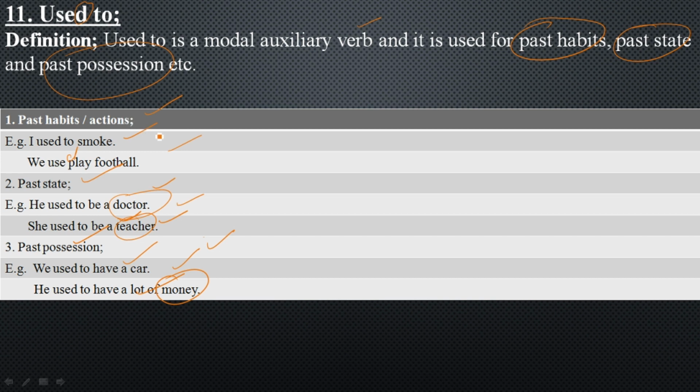So these are the usages of the modal auxiliary verb. I told you modal auxiliary verbs are studied in two categories, primary and secondary. Here we have got the primary level where we have the usages: it is used for past habits, past state and past possession.